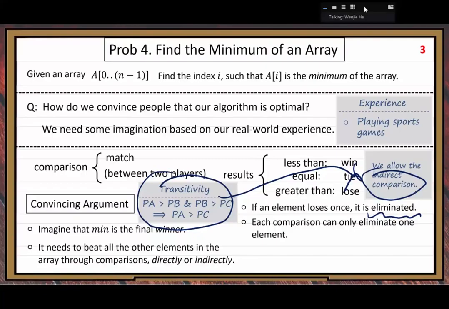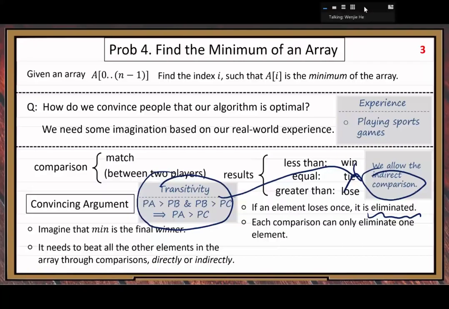Can you say both elements do not have a chance to be the minimum? You cannot, right? You can say the larger one has no chance, but how can you say the smaller one has no chance? You cannot. So based on that understanding, we can say each comparison you can only eliminate one element. Not two, not both. Can you see that? The logic reasoning.